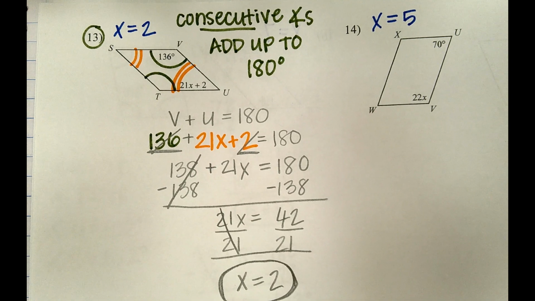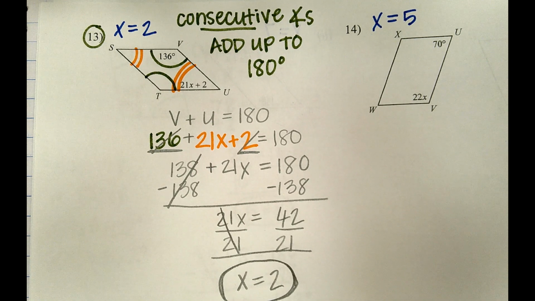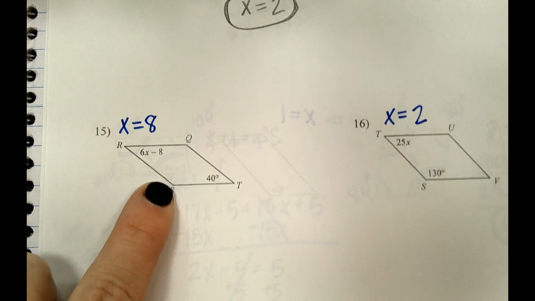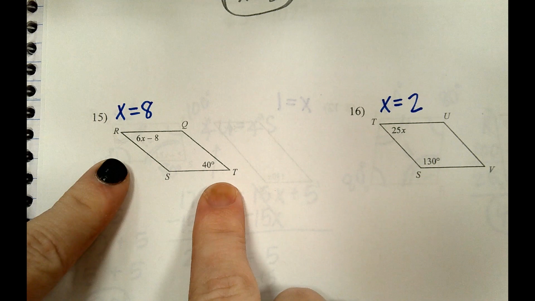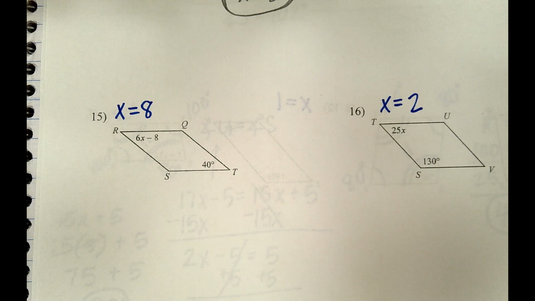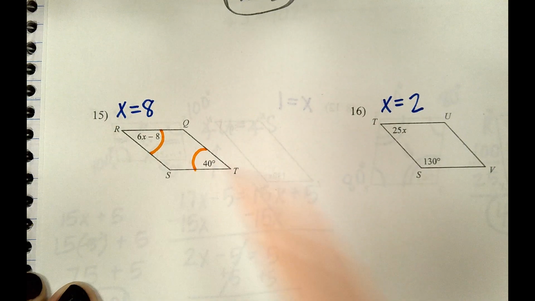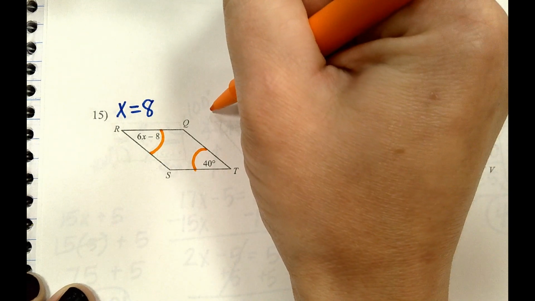Okay, so now we'll look at number 15. This is the other case that we will see with parallelograms. Number 15, these are not consecutive angles. This time we have opposite angles, and opposite angles are equal to each other.